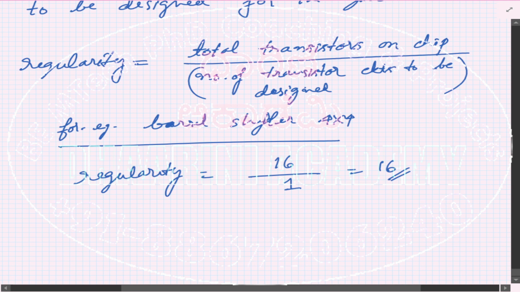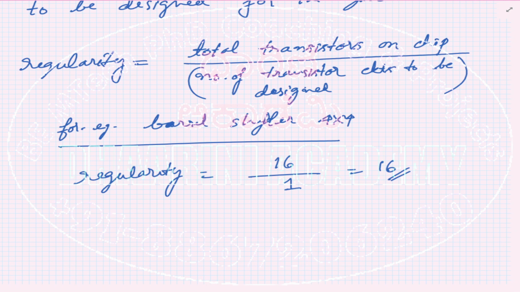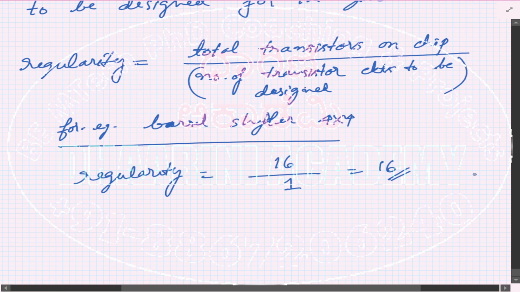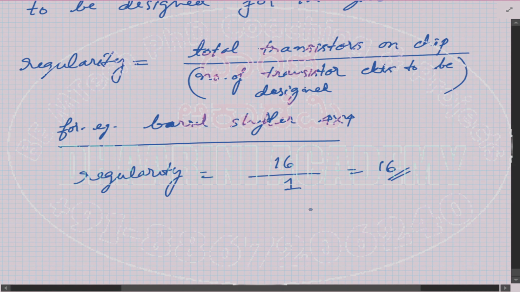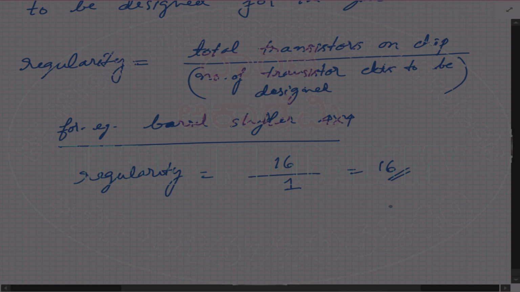That's the idea about regularity. There have been many questions about regularity: define and give an example, up to 2 to 4 marks. You can define, give an equation like this, and give an example. Definition plus equation gets 2 marks, and the example normally gets 2 marks. So totally you will get up to 4 marks based on this concept.